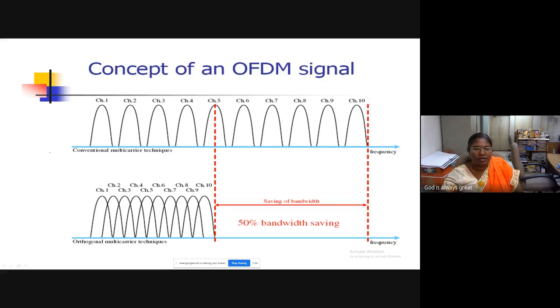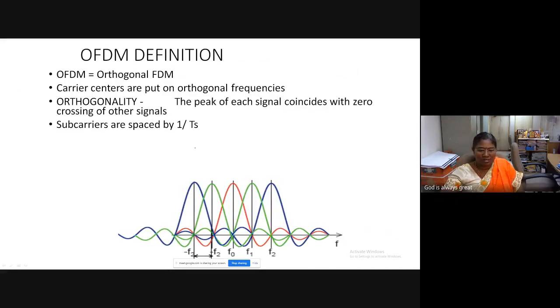So this is orthogonality in terms of the frequency domain. Next, I'll continue and show how an orthogonal signal looks in the time domain. So the same thing, we are going to define orthogonality in the frequency domain.